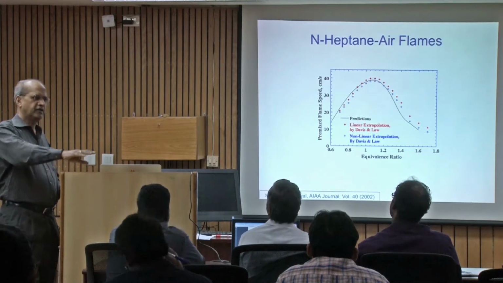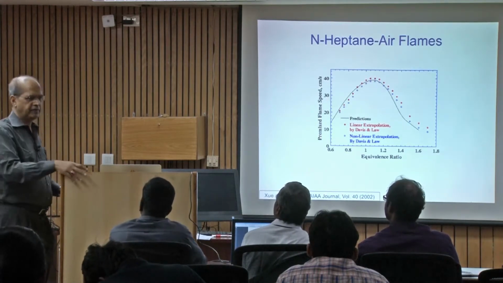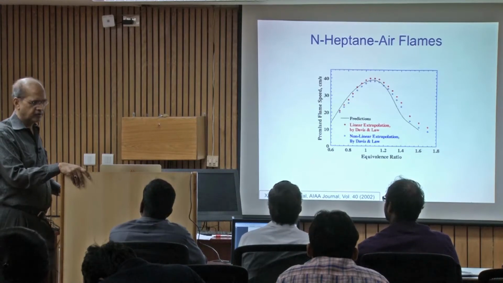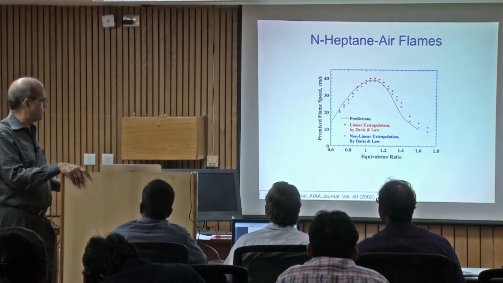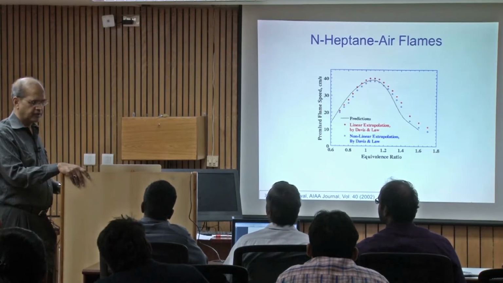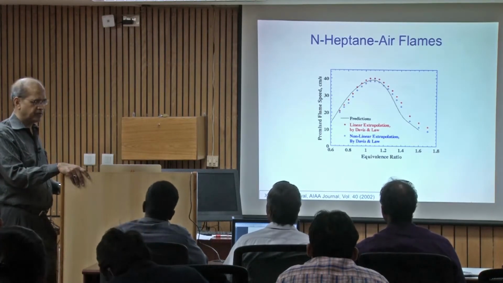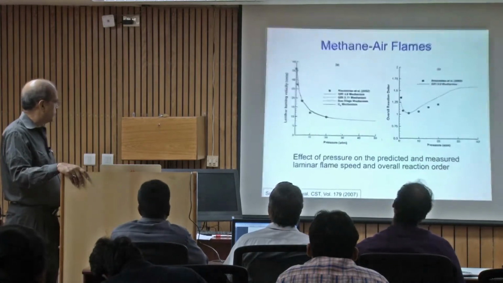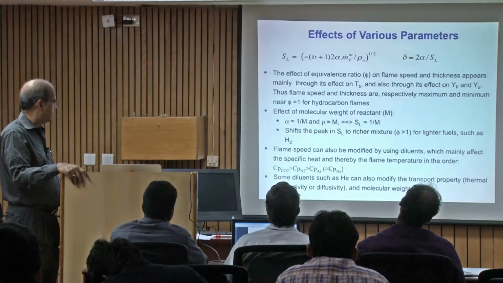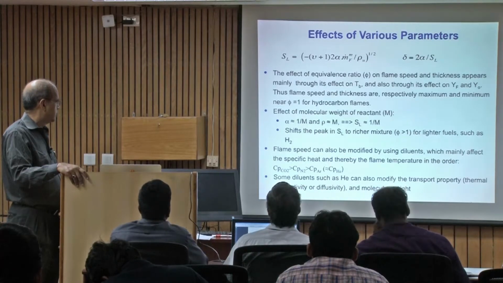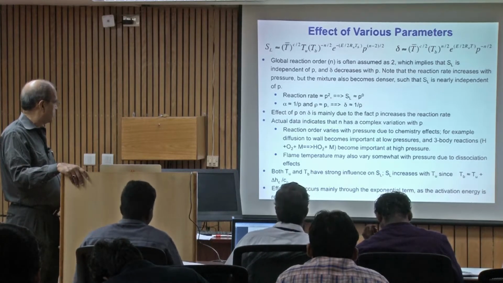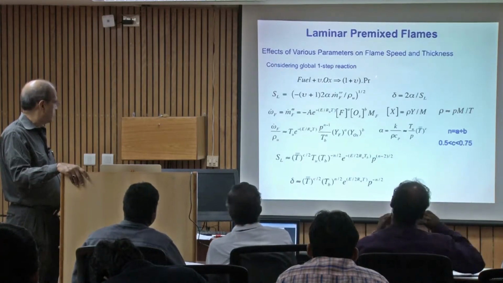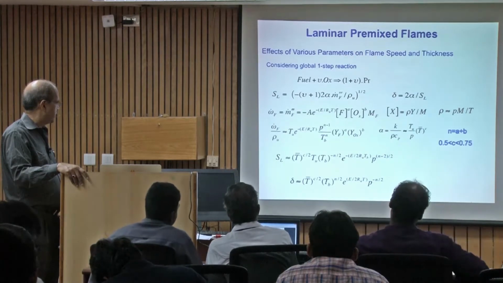Now you remember, how does the adiabatic flame temperature vary with equivalence ratio? It's similar to this, which is a plot, right? If you plot the adiabatic flame temperature. So now, if you go back here, see the flame speed.